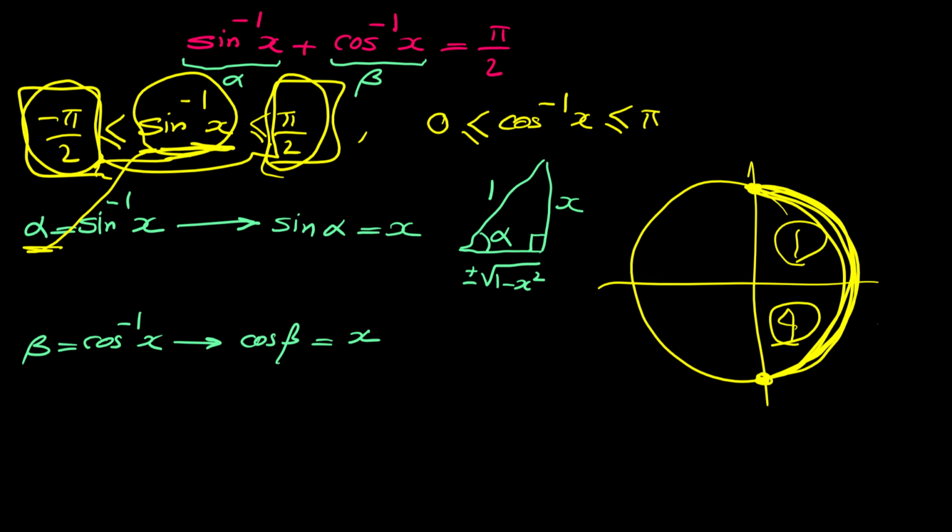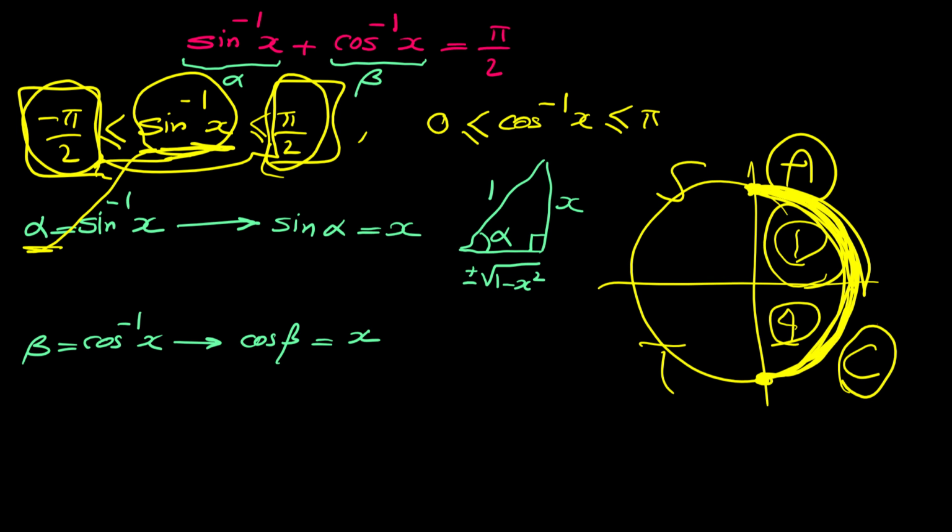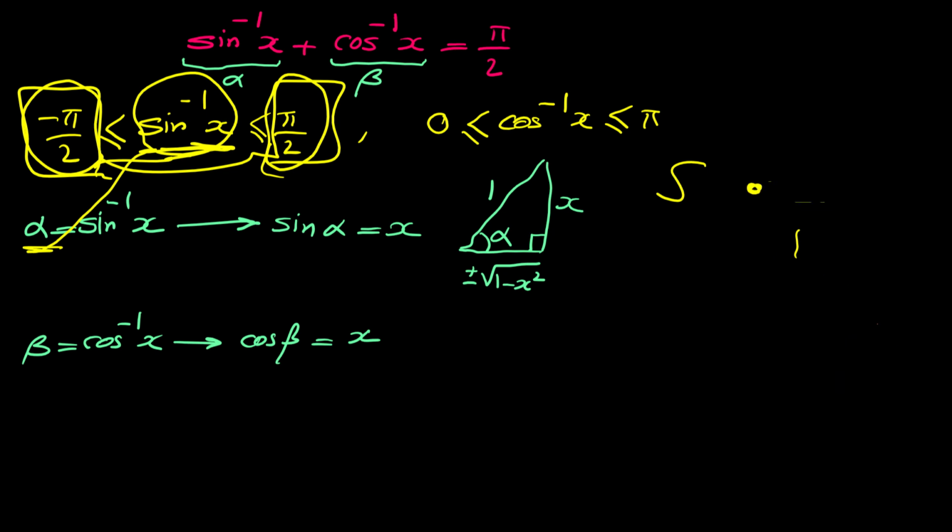Remember, all students take calculus. In quadrant 1, everything is positive, and in quadrant 4, cosine is also positive. So cosine is always positive for any angle that is in quadrant 1 and 4.